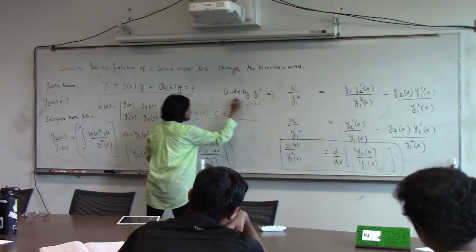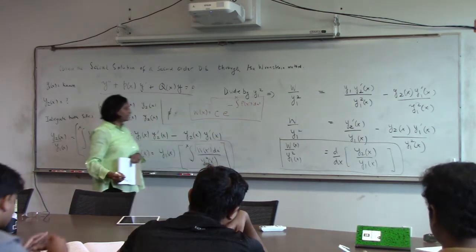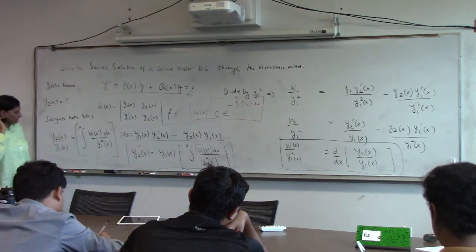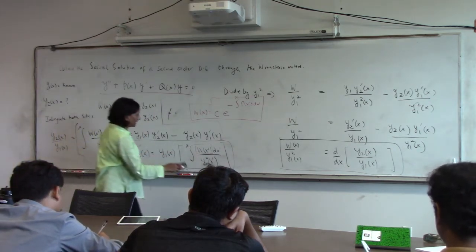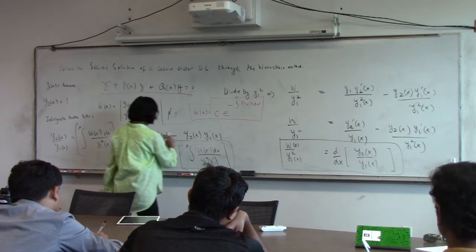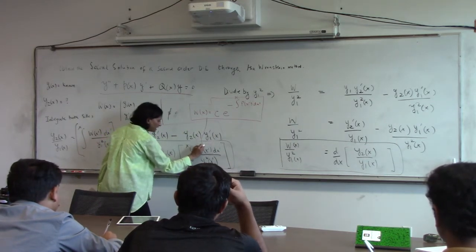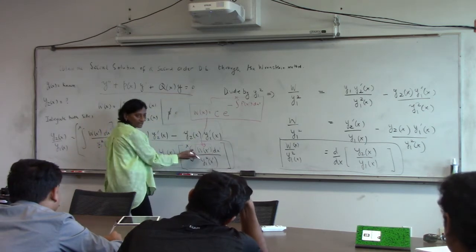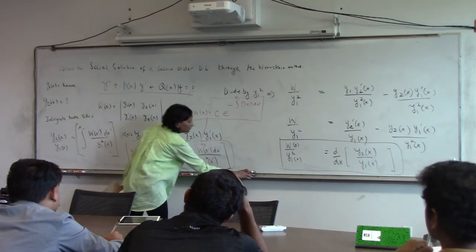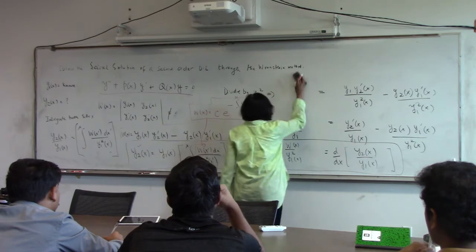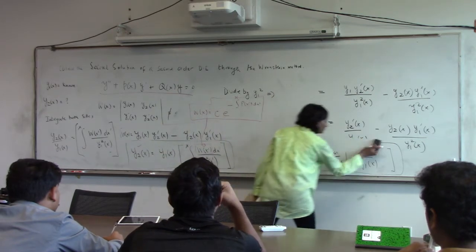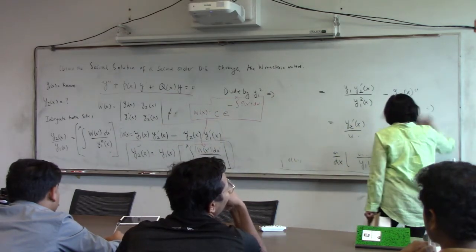That constant we again take as 1 for most purposes. This is the expression for the Wronskian, and we will use it because then we can integrate this expression. So let's see where that formula comes from.